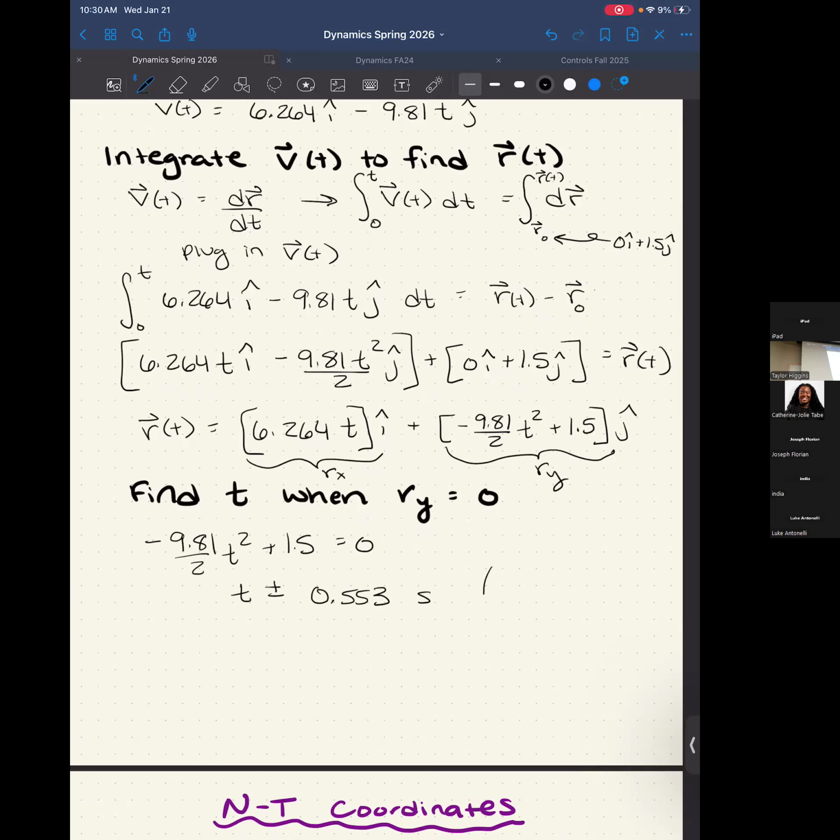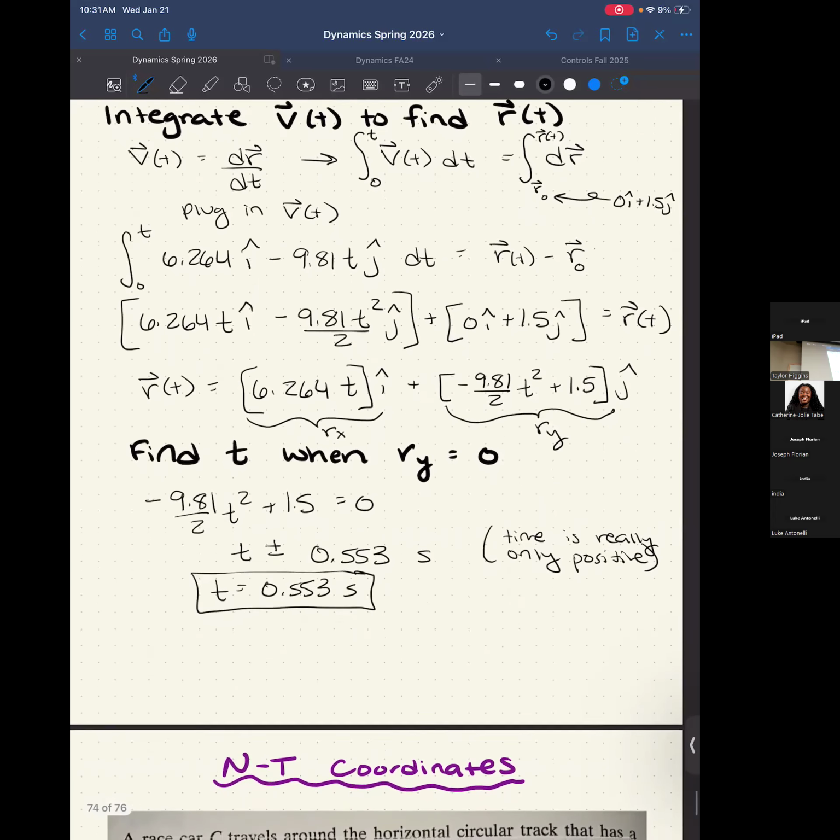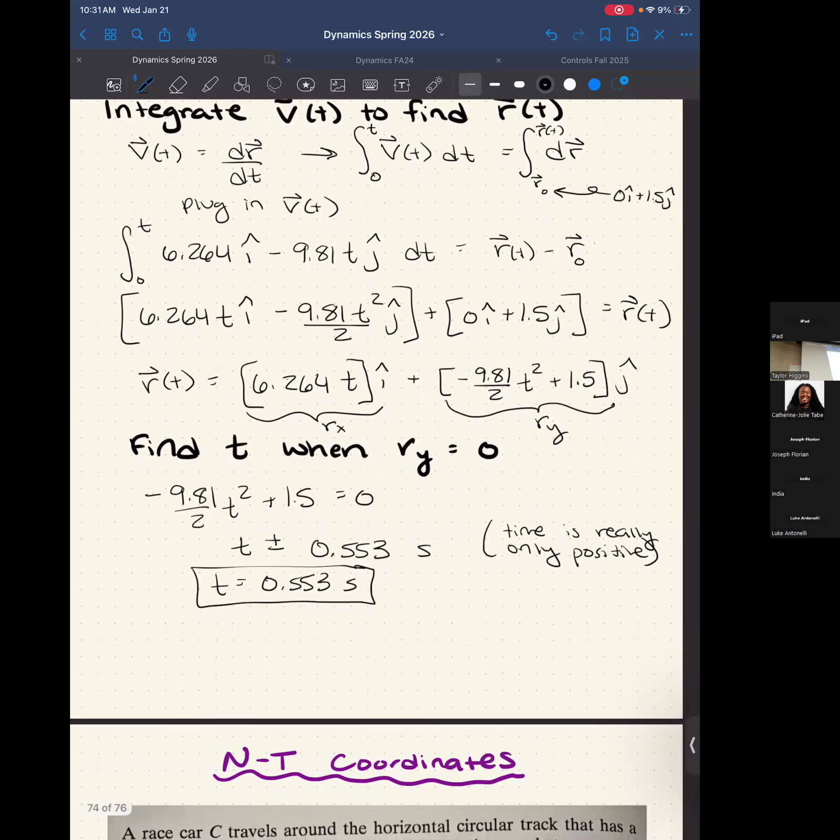Okay, so time is really only positive. So t equals 0.553 seconds. And then it says find the x position when this is the case. So now we need to take that t and plug it back into Rx.